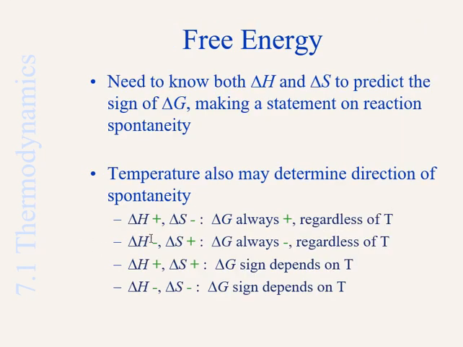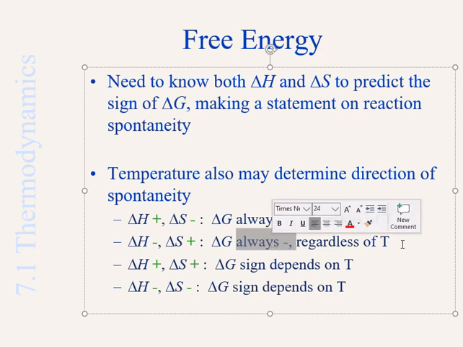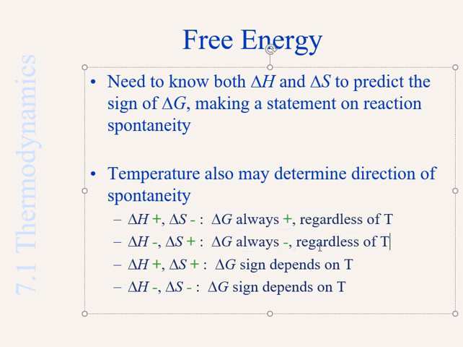If the delta H is negative for a given reaction, and if the delta S is positive, delta G will always be negative, and regardless of what temperature you carry out the reaction at, the reaction will always be spontaneous because delta G is always negative.